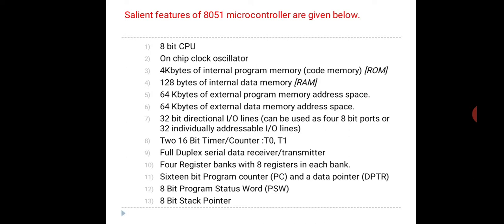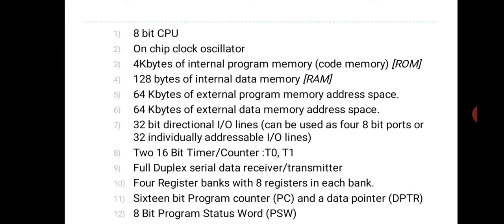So I have summarized some of the features of the 8051 microcontroller along with its architecture. First of all, it has an 8-bit CPU. Then it has an on-chip clock oscillator, 4 kilobytes of ROM, 128 bytes of RAM, 64 kilobytes of external program memory address space, 64 kilobytes of external data memory address space, and 32 bidirectional input output lines.